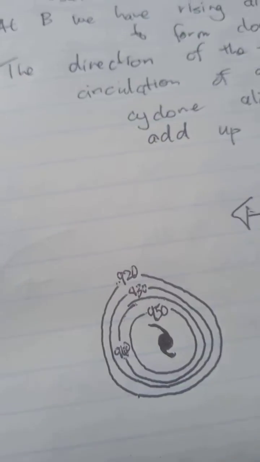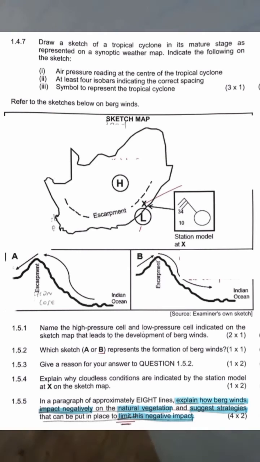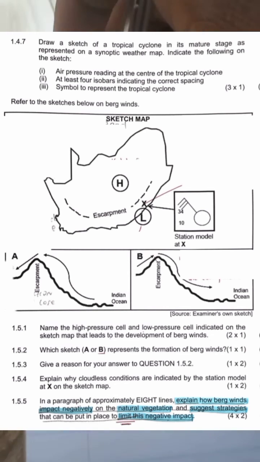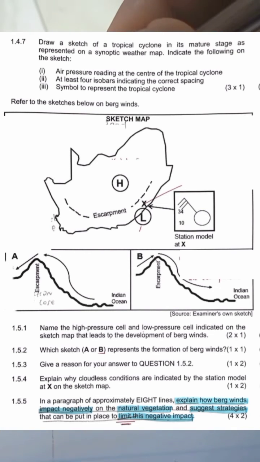Let's head on to the following question then. 1.5. Okay, looks like, yeah, anticyclones. 1.5.1. Okay, so refer to the sketches below on Berg winds. So these are on Berg winds. We see a diagram.